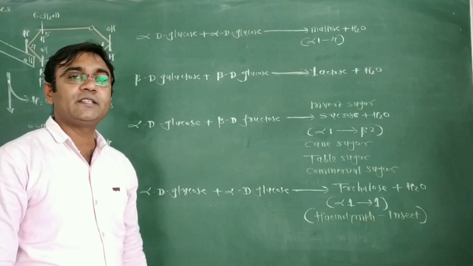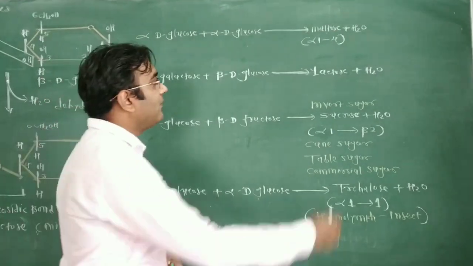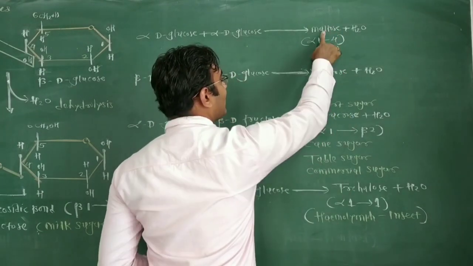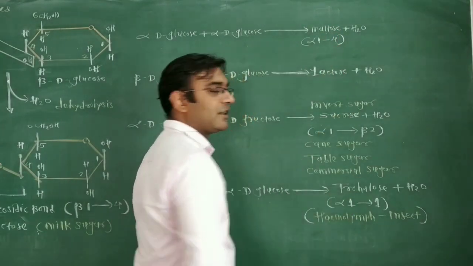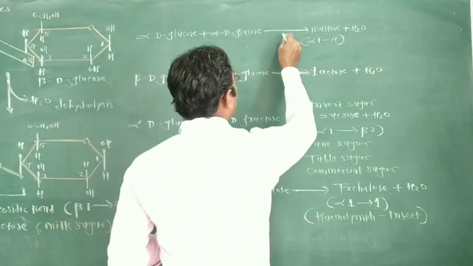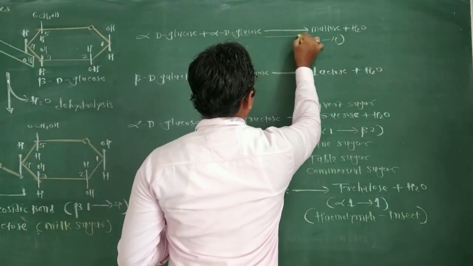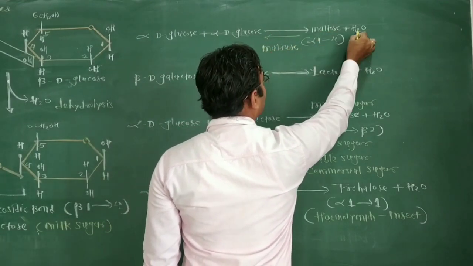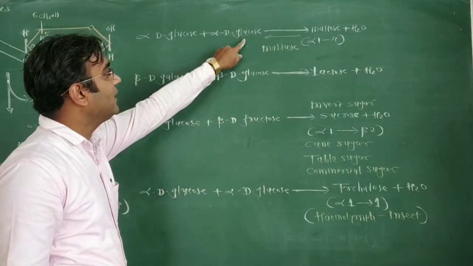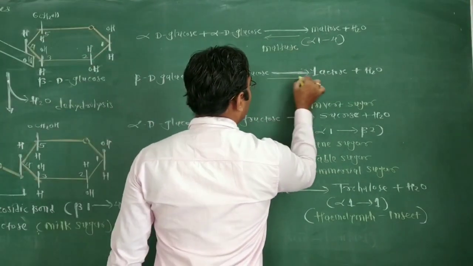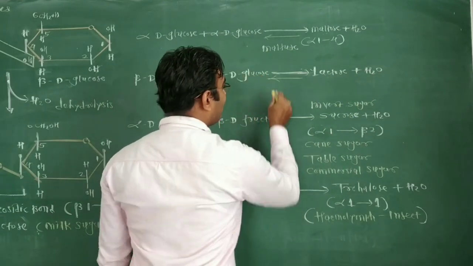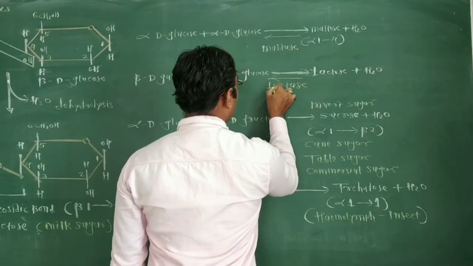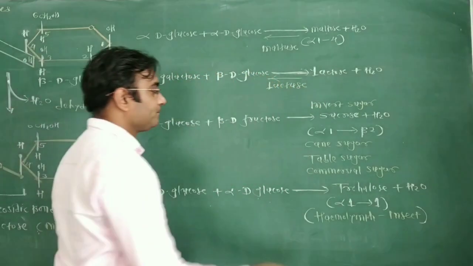All these reactions are bidirectional. Now we have produced 4 types of disaccharide: maltose, lactose, sucrose as well as trehalose. If maltose reacts with water in the presence of the enzyme maltase, we get glucose plus glucose. Similarly, lactose reacts with water with the help of the enzyme lactase, so we get glucose plus galactose.